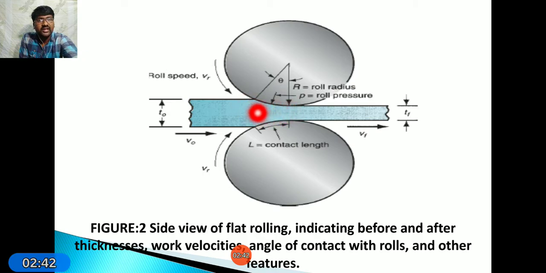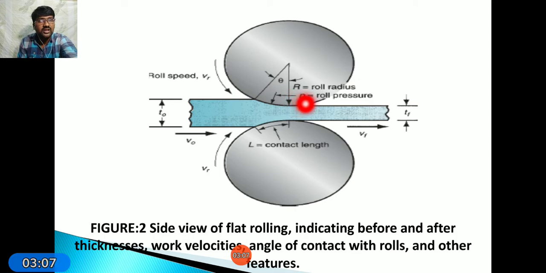If we consider the angle between the starting point of contact of the roller surface and the workpiece and the exit point where it leaves, that angle is known as the angle of bite. The contact area on the rolling surface is measured as an angle, theta.